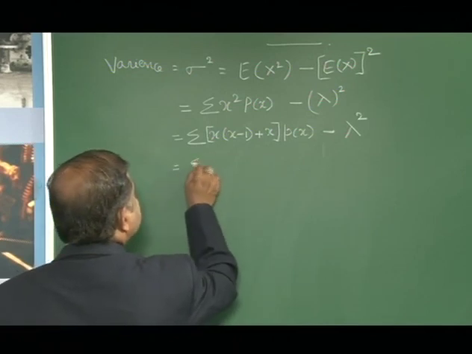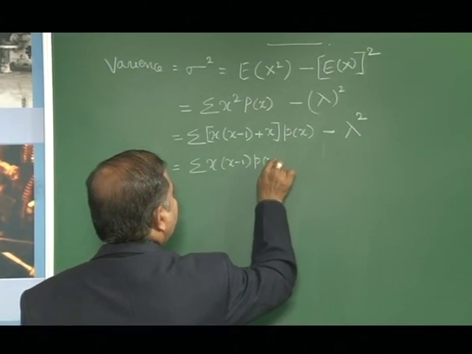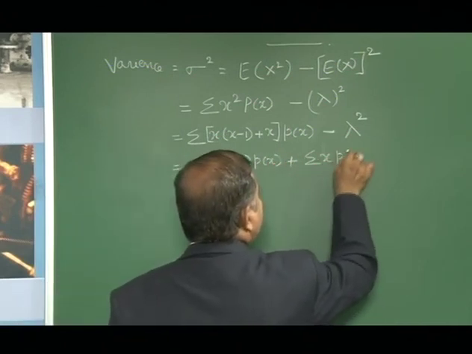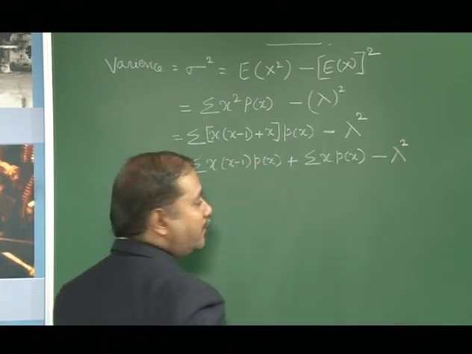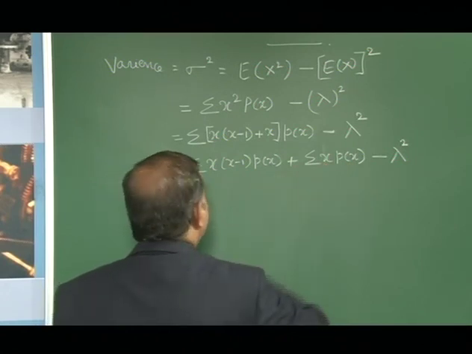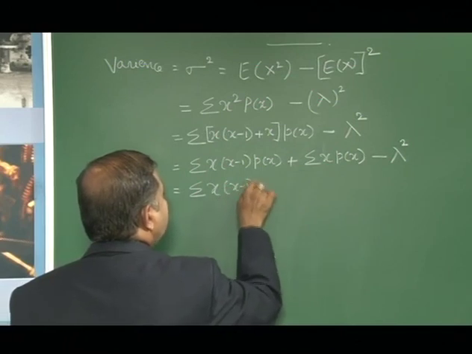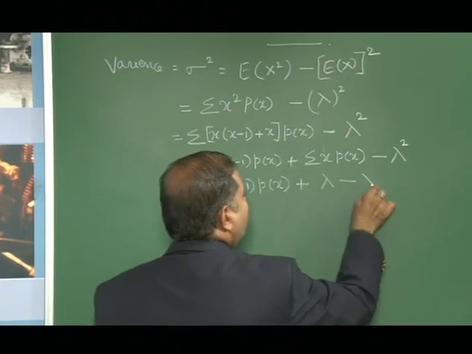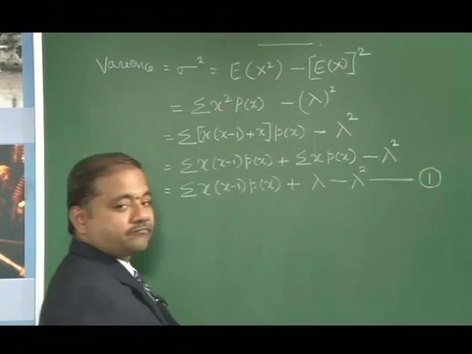So summation x into x minus 1 p of x plus summation x into p of x minus lambda square. Again this is what we have calculated as the mean value, lambda. So this is equal to summation x into x minus 1 p of x plus lambda minus lambda square. This is my first equation.